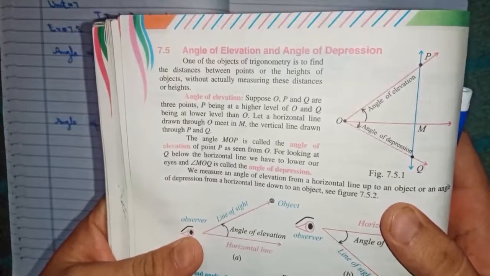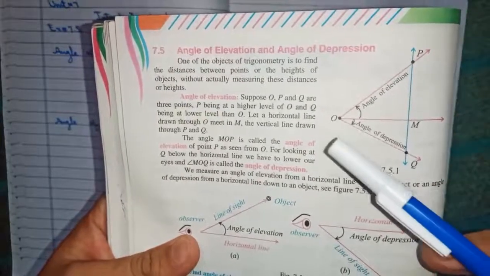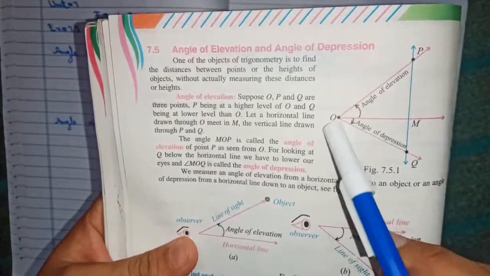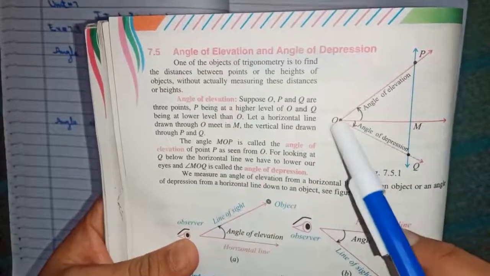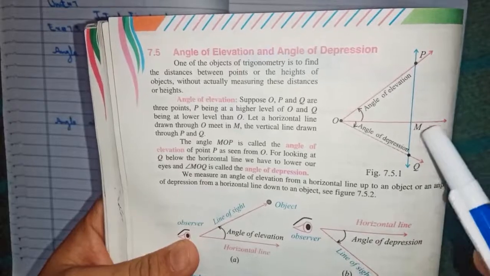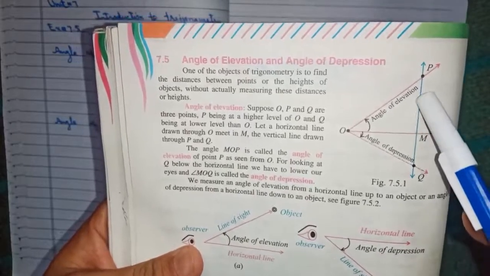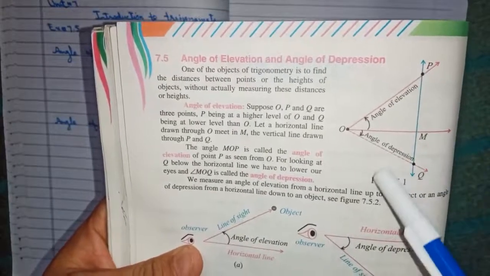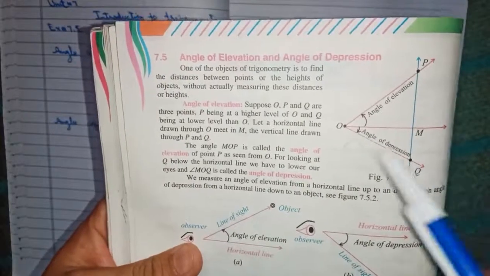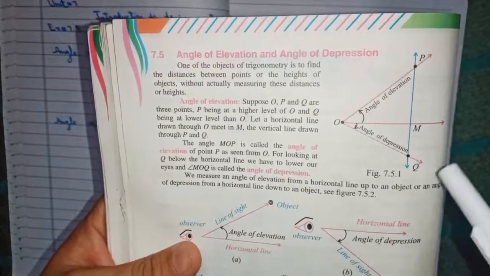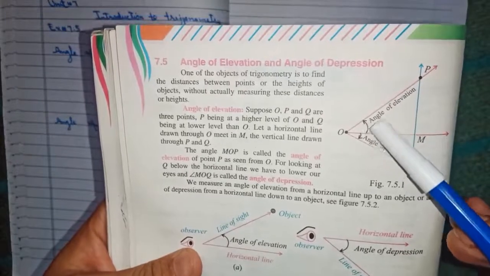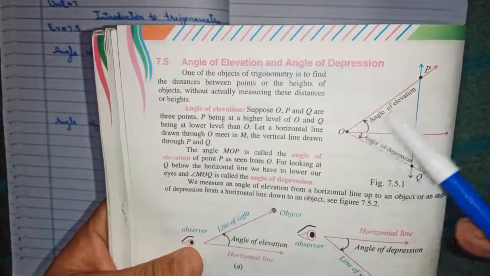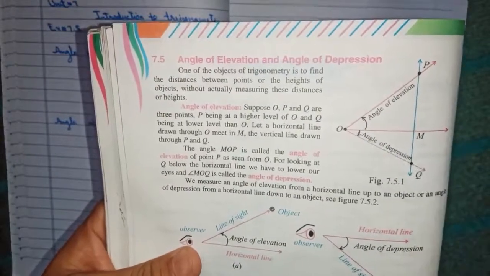Angle of elevation: you can see in the figure the point O, and OM is the initial ray, and after some time this ray becomes OP, and another ray given here is OQ. Here it is mentioned the angle of elevation and angle of depression on the downward side.